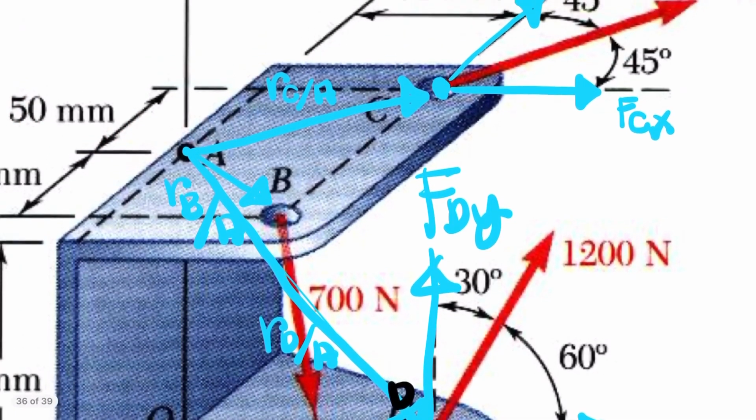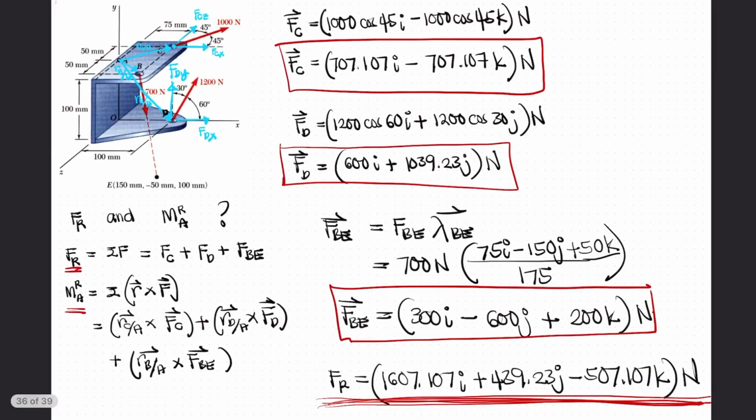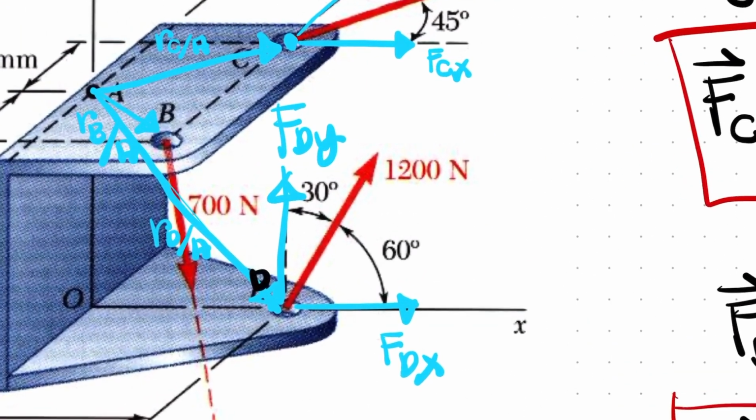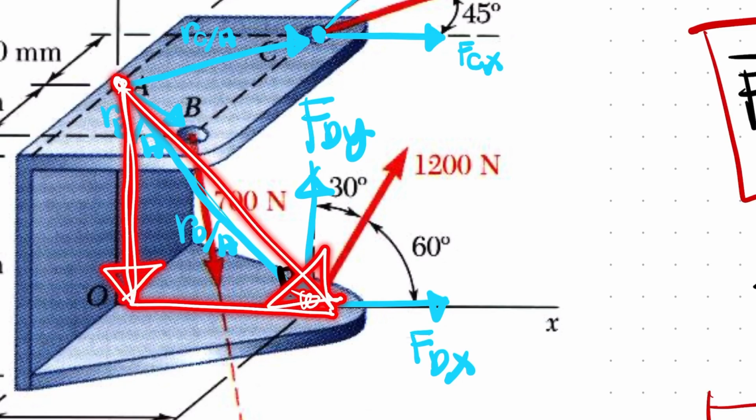Sunod, ano sa tawag sunod? R D sub A is kaning distance. From point A to point D, kung tanong ito siya nakaalam na siya. So, kaning distance, na siya coordinate along Y, o na siya coordinate along X. Yung X na distance is, ilang ni?